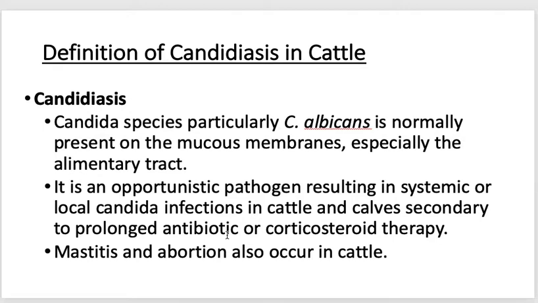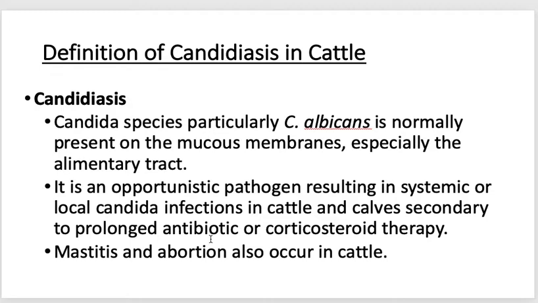If you use antibiotics for a very long period of time, you affect the normal flora of the GIT of the animal. The normal flora of the GIT are very important, and they play a great role in the immune function of the animal body.